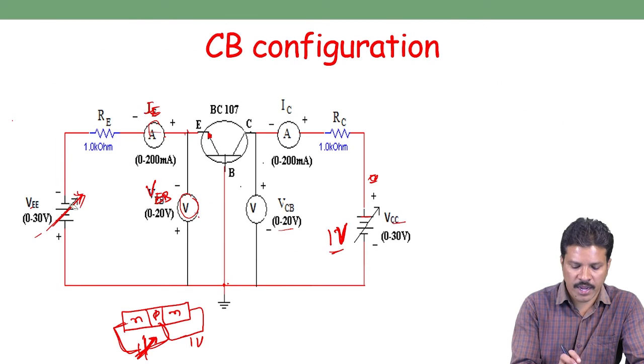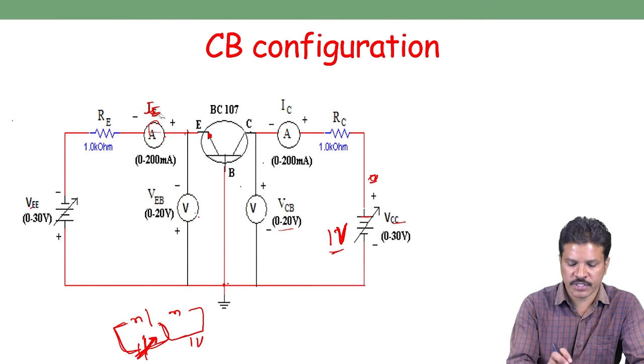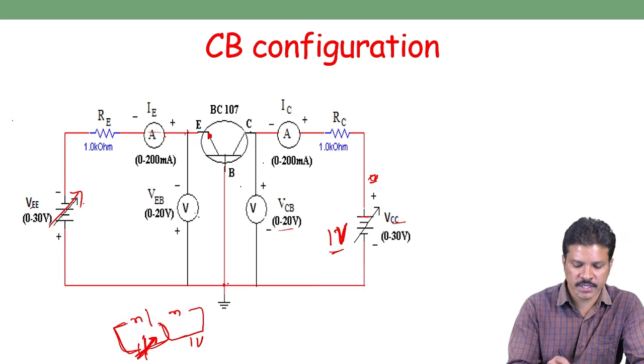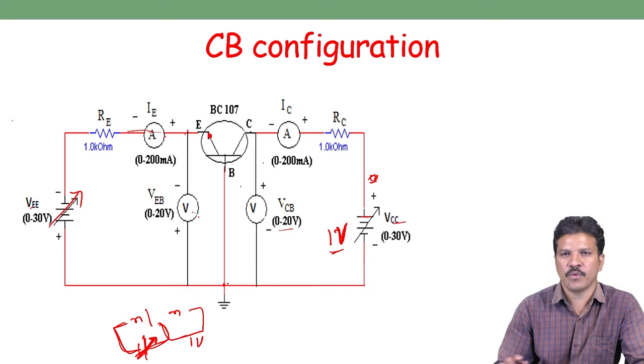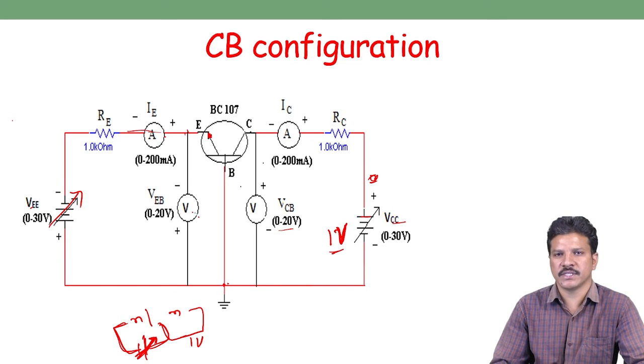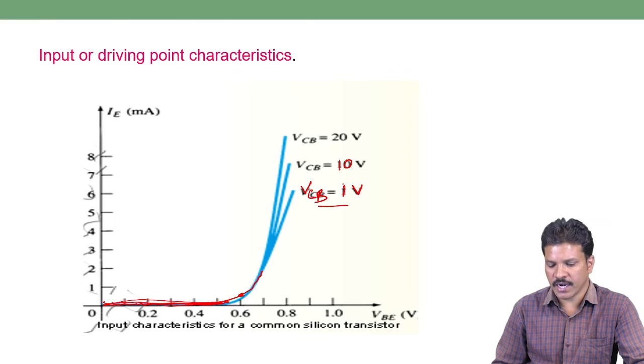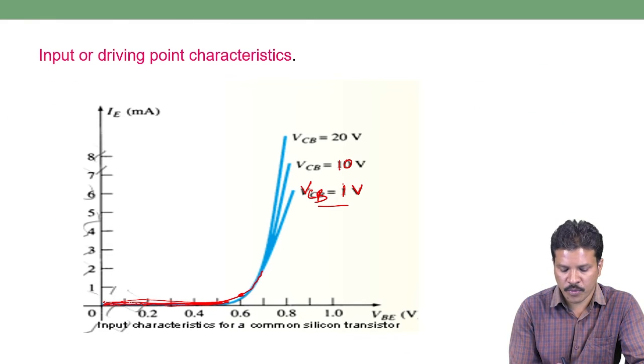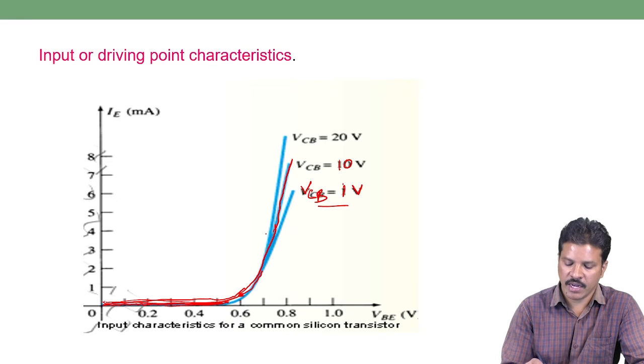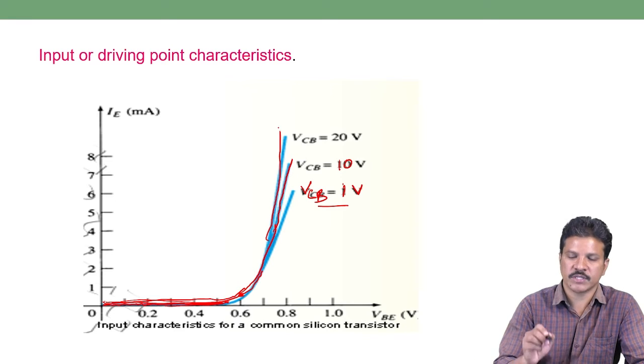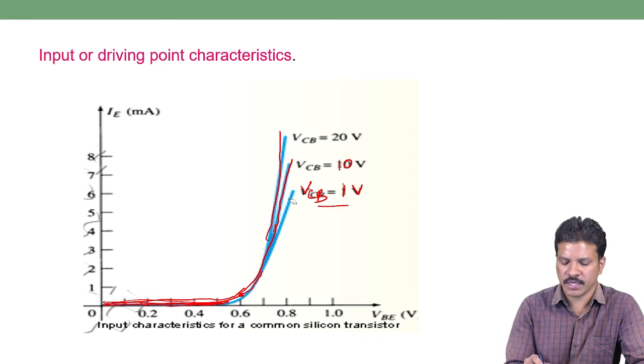Again, following the same procedure, we vary the input voltage and note down the input current and input voltage between emitter and base. In the second case, again up to some cut-in voltage, and after reaching the cut-in voltage, the curve moves exponentially. Similarly, in the third case, the curve moves exponentially after cut-in voltage.